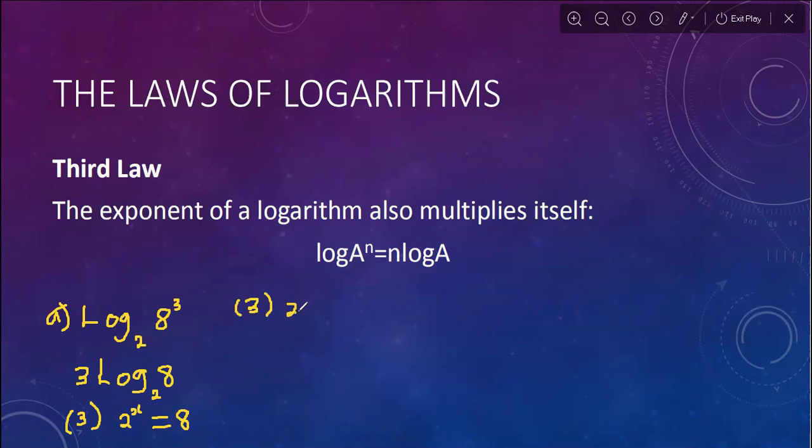So we have 2 raised to the power of x equal to 2 raised to the power of 3, so they cancel. So we have our value as 3, which means the log is 3. Therefore we say that 3 multiplied by the answer we got, which is 3, we should have 9. Is this correct? Yes. So this is how to apply the power law.